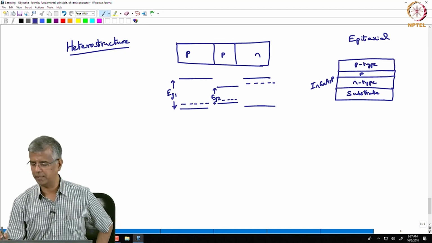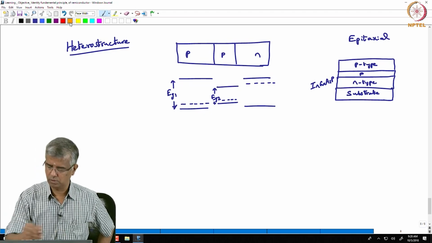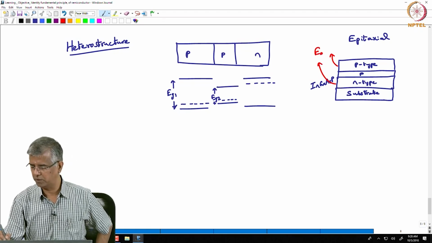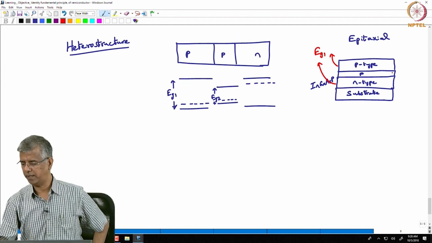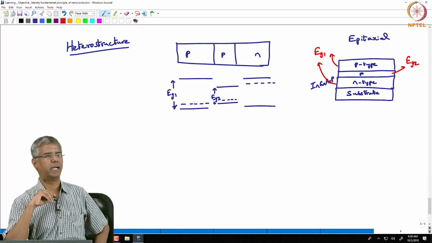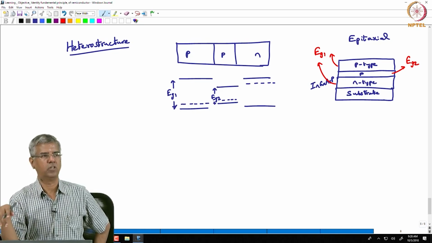So what we are saying is these two layers here have one composition which gives you Eg1, whereas this layer has another composition which gives you a lower band gap energy. Okay.